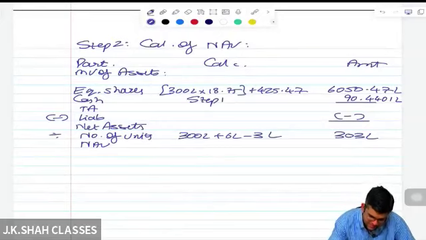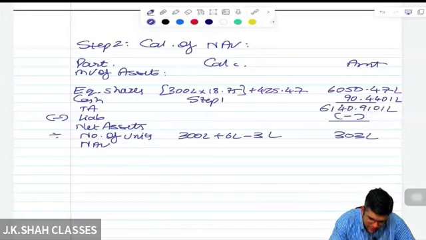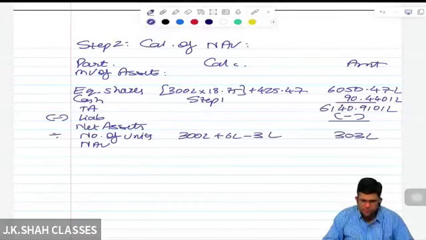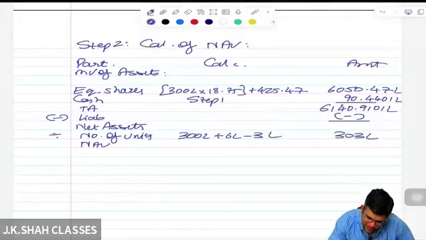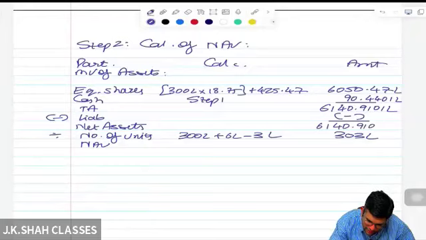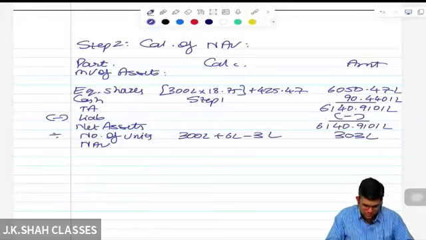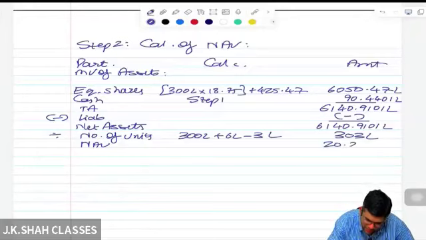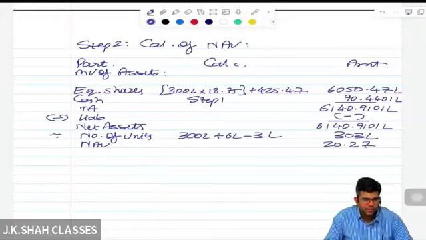Total assets 6140.9101 lakh. Net assets, no liabilities. So this only is 6140.9101 lakh. And divide by 303, we will get NAV as 20.27.